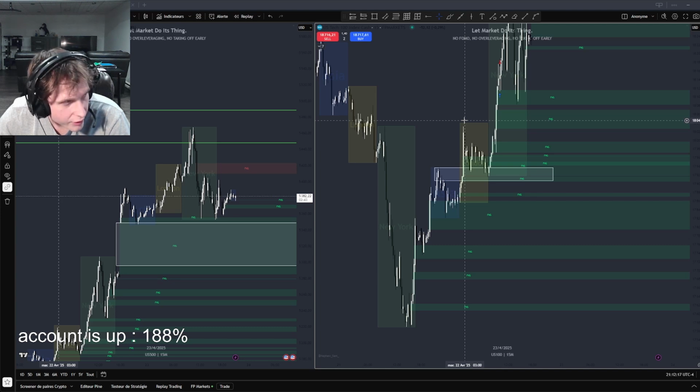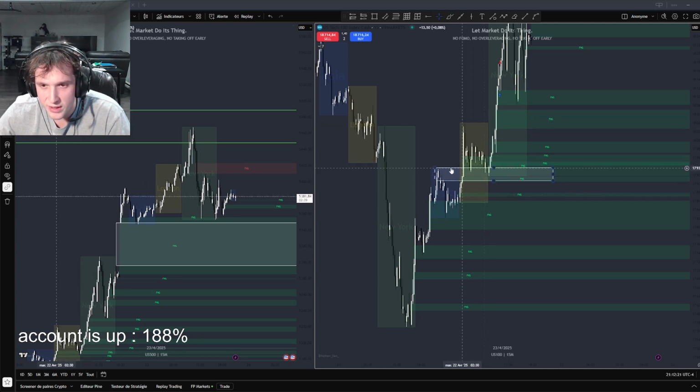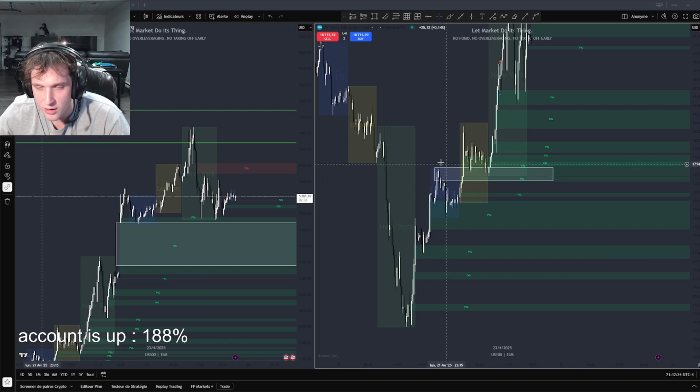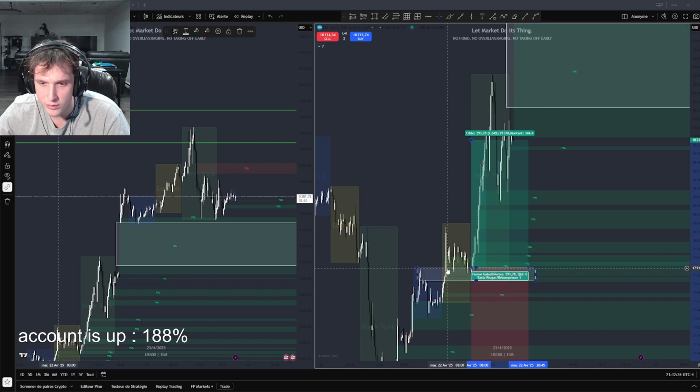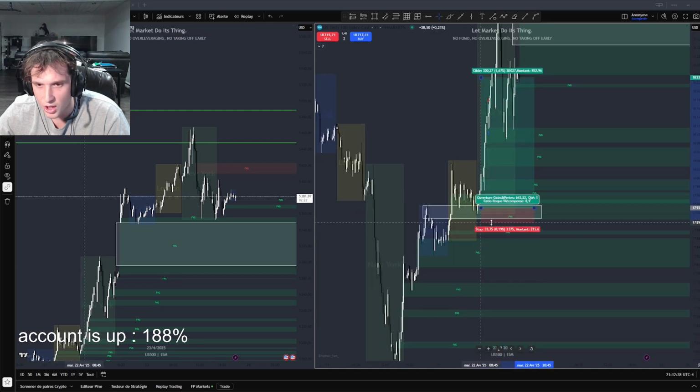You guys see the same thing as me here? So when you get the retest of this breaker, you guys can look for reactions, look for your entry signals, and target like 1 to 2 or 1 to 3 easily. Enter at the top of the OB, which usually for me is the top of the candle, not the wick. Stop at the bottom of it, which would be right here.